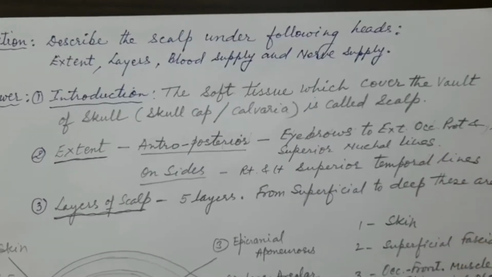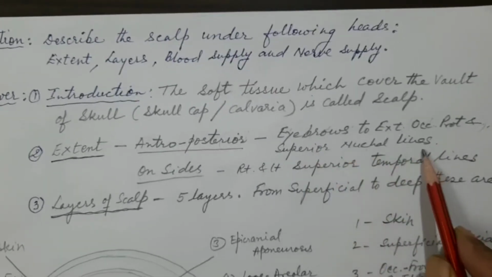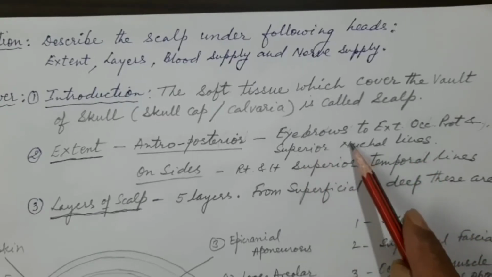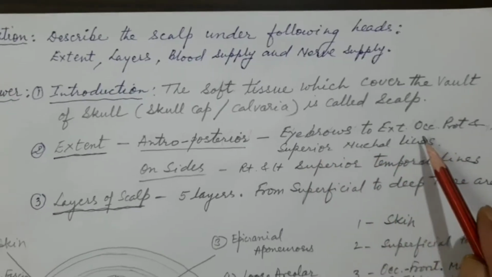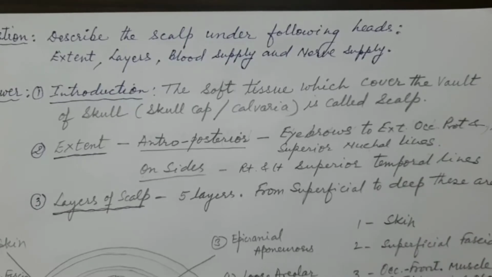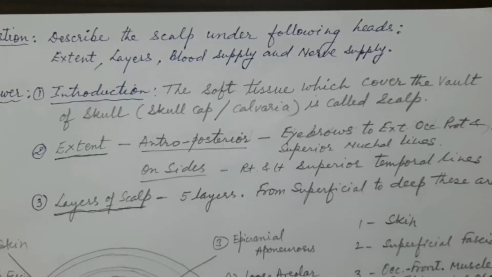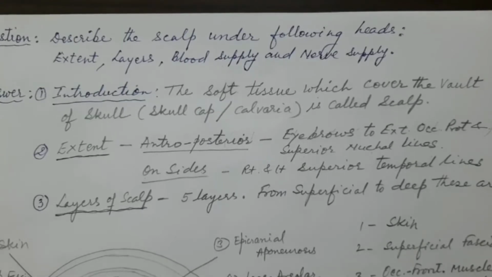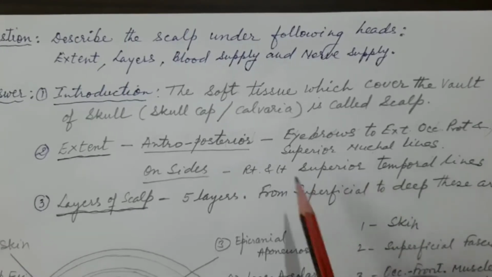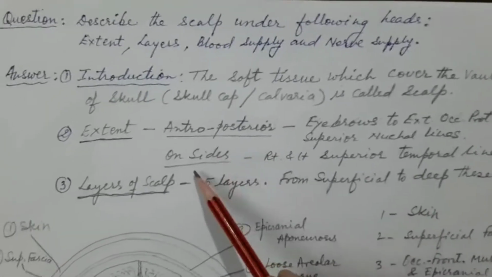So anteriorly it is the eyebrows, and posteriorly it extends up to the external occipital protuberance and superior nuchal line. This is the anteroposterior extent of the soft tissue covering the skull cap, which is called the scalp.